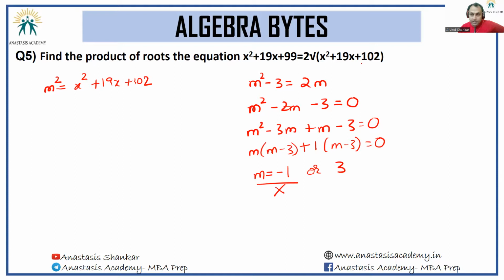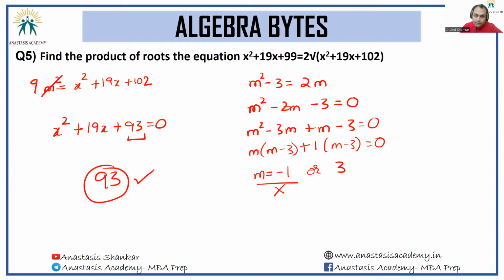If m is equal to 3, then m square will be equal to 9. If m square is equal to 9, what we have is x square plus 19x plus 93 is equal to 0. Now the product of the roots of the equation will simply be equal to 93.